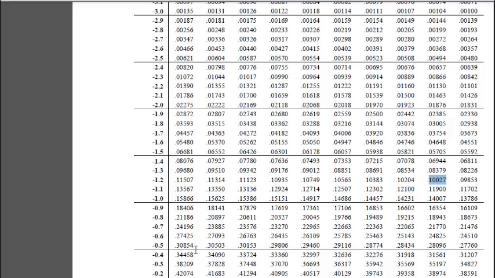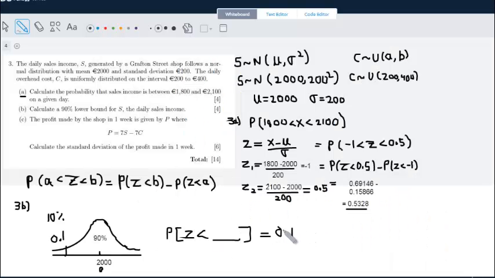So negative 1.28 would be our value. I'll write it here. Negative 1.28 is the value. Like 10% of the values will lie below this, and 90% of the values will lie above this. So that's what is meant by this.